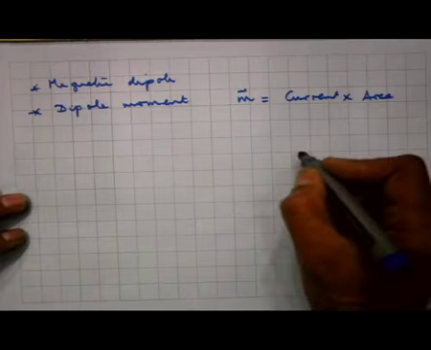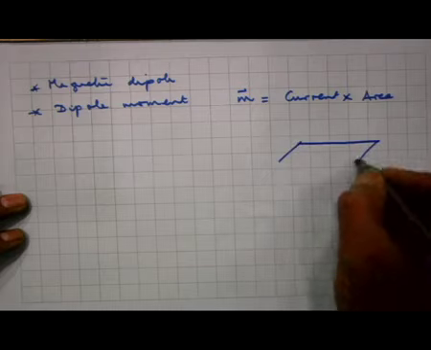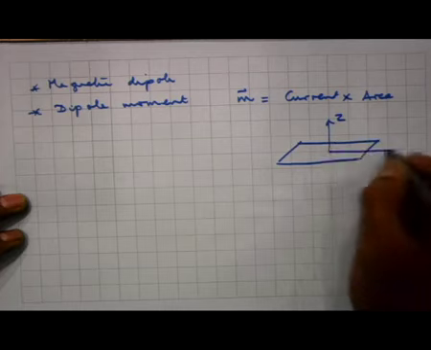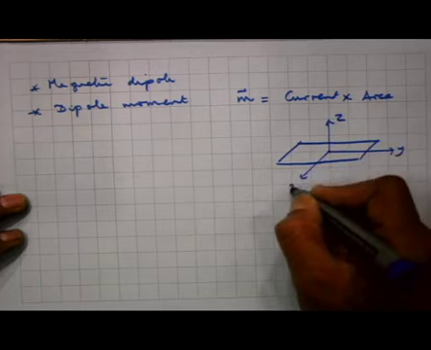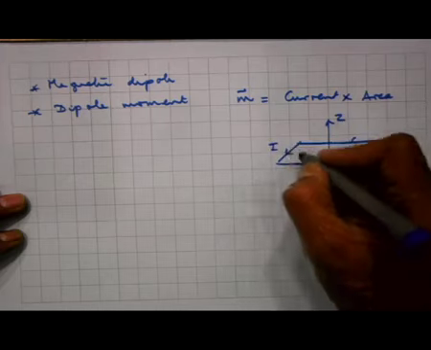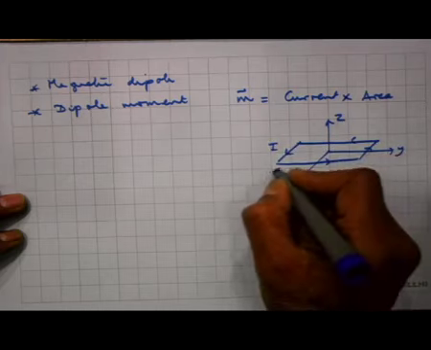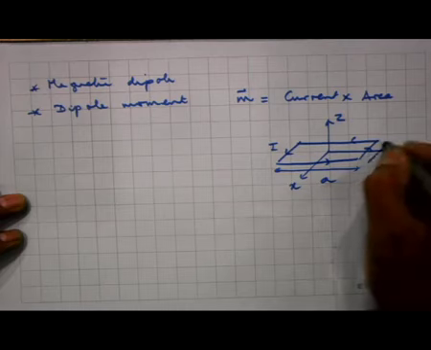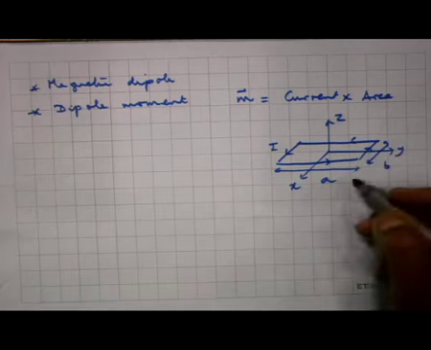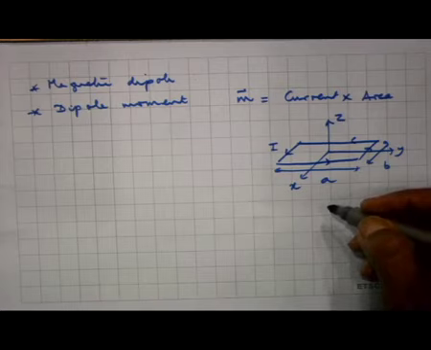So, in my case look at the figure here: this is z direction, this is y direction, this is x direction, current I, this length is A, this length is B. Now remember we had defined an area vector.